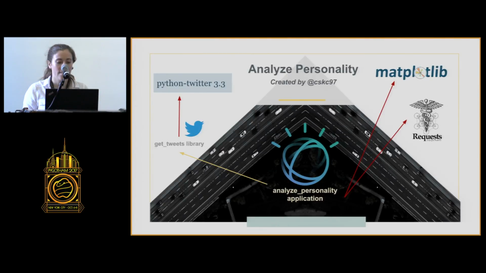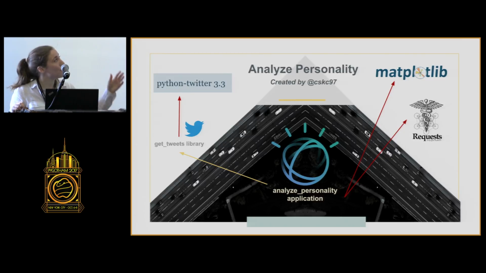So instead, I had my incredible intern create an application for the purposes of demoing this. Krish is an NYU student. He made this application for me. I'm very excited to share it with you. But basically, he wrote a get tweets library, which has a third-party dependency of Python Twitter available on PyPI.